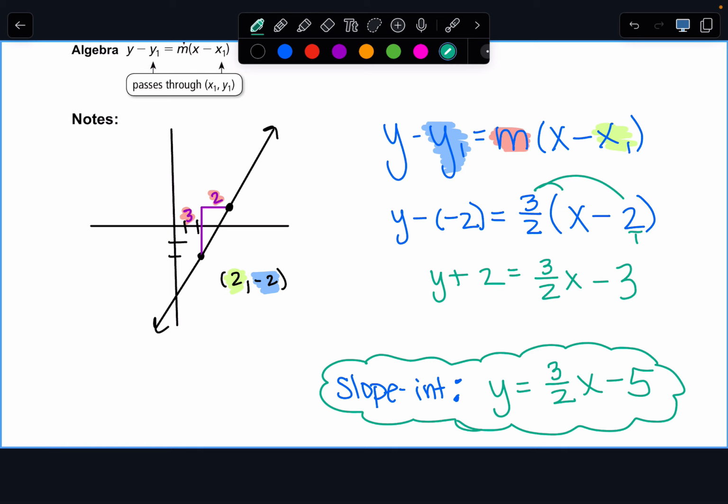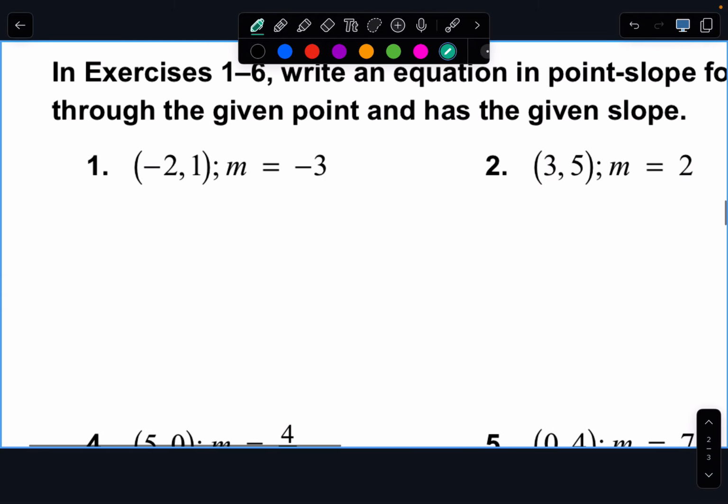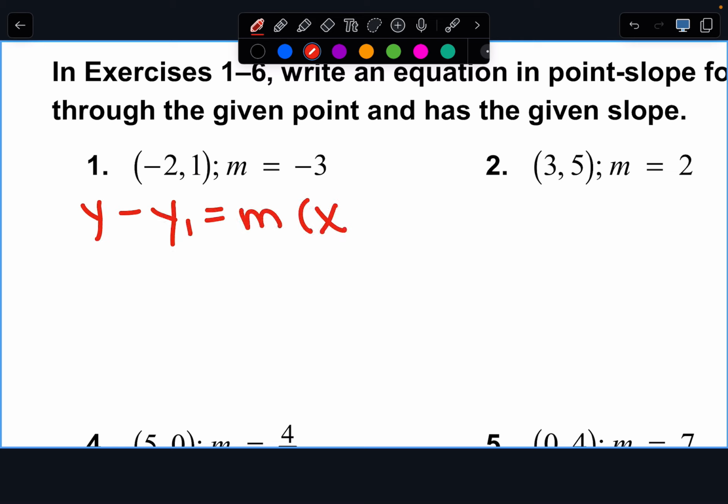What questions do you have before we continue? Cool. So turn to the next page. And using y minus y1 equals slope times x minus x1, could you please try number 1?